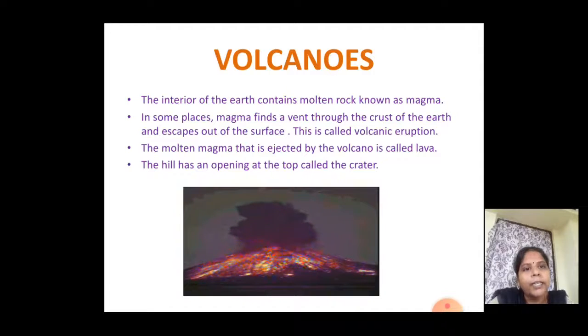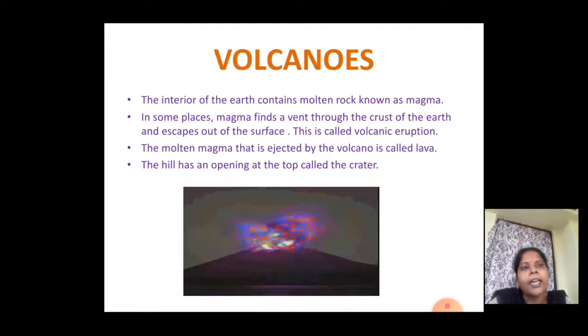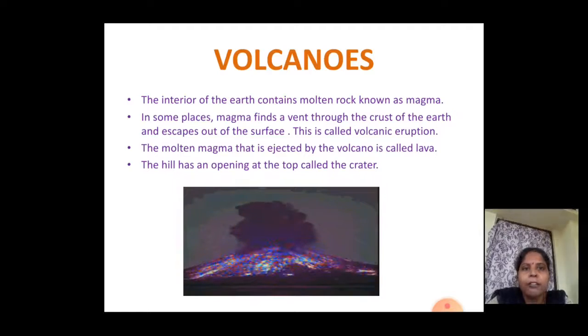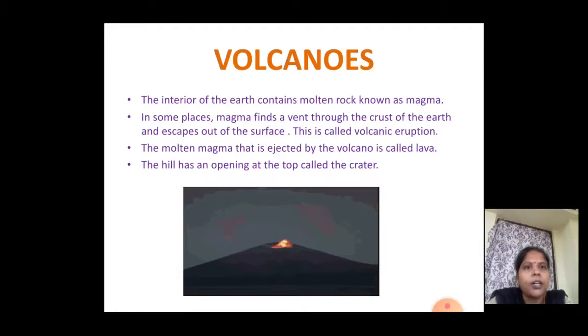That eruption of molten magma is known as a volcanic eruption, and the flowing lava is very hot and destroys everything in its path.